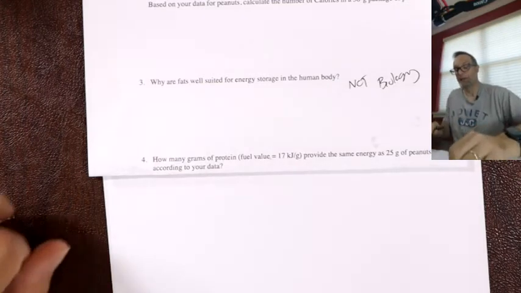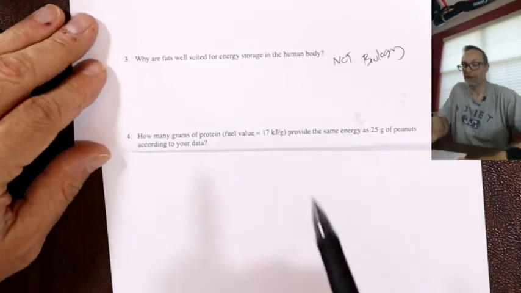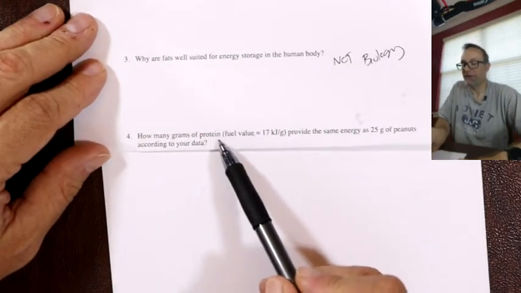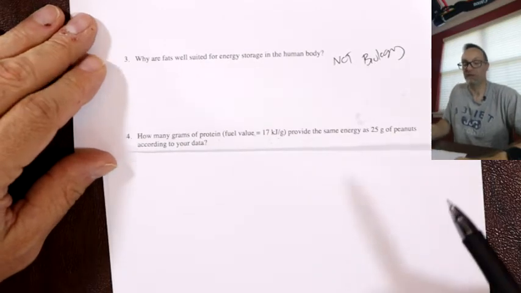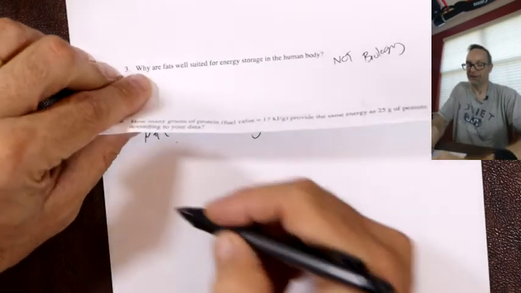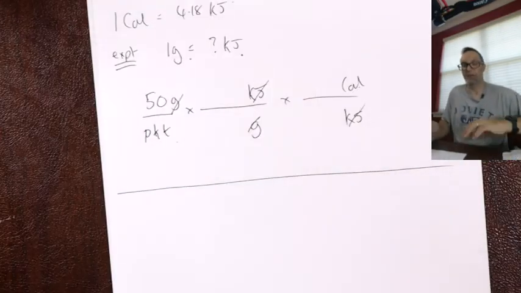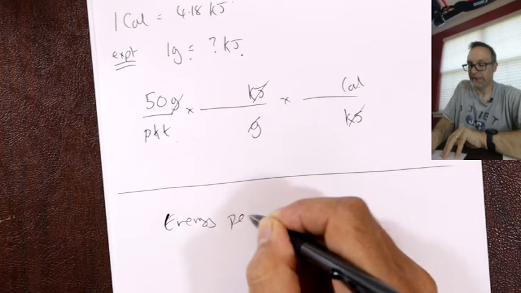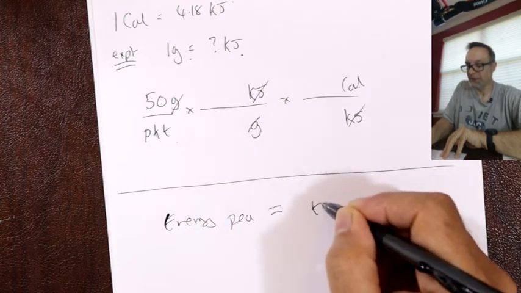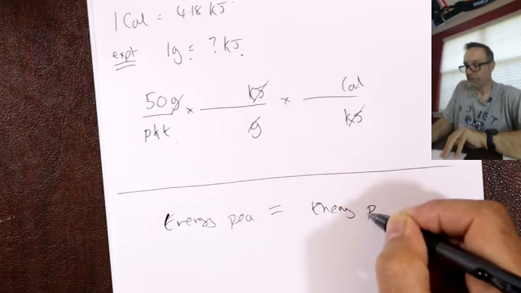Okay. Last question. You're going to be asked, how many grams of protein at a certain kilojoules per gram provide the same energy as peanuts, 25 grams, right? So here, it's a little different. It's not a conversion, it's kind of an equality, right? So the energy in the peanuts is the same as the energy in the protein, right?